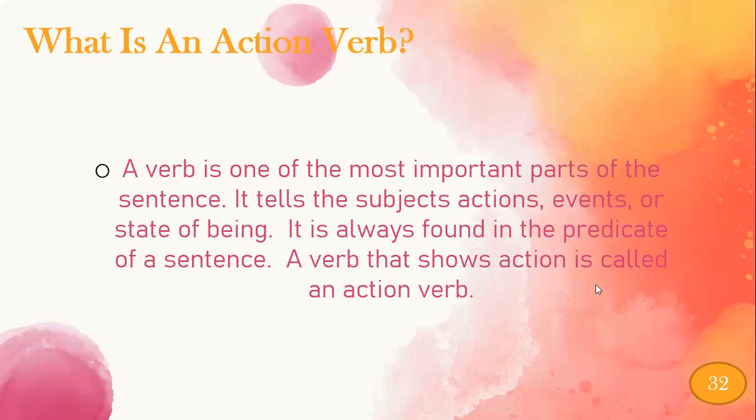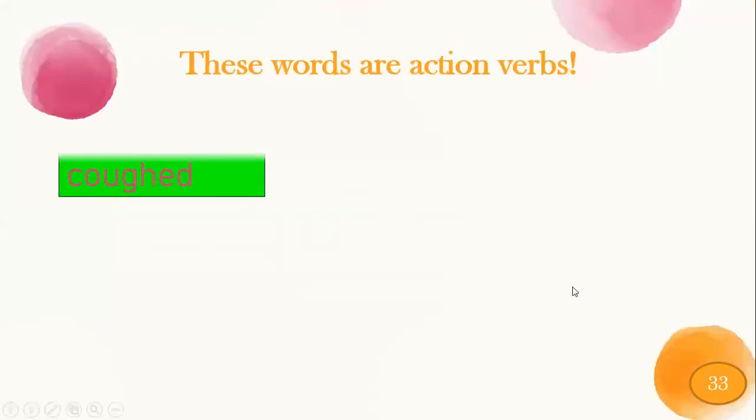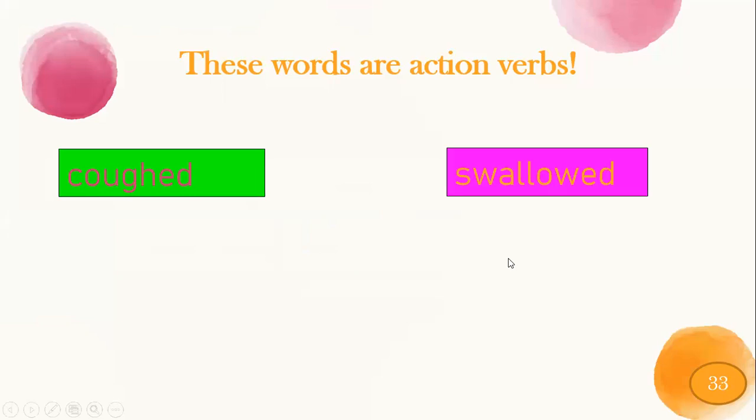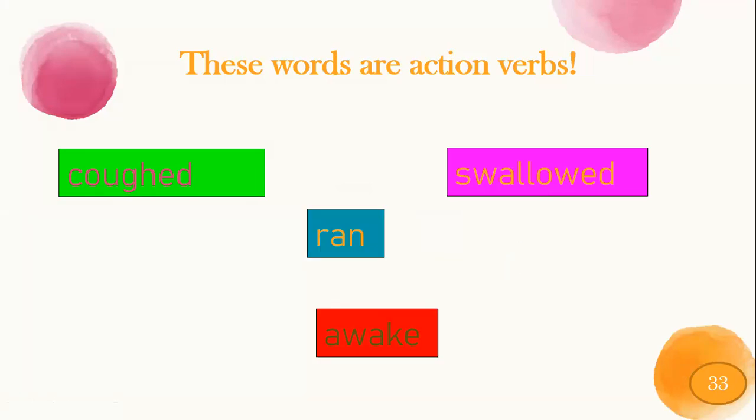Let's move on. So let's take some examples of action verbs. Cough. Do you know what we mean by cough? This is an action. Okay. Sure. Swallow. You swallow the food, for example. Run. When you wake someone up, so he or she is awake.